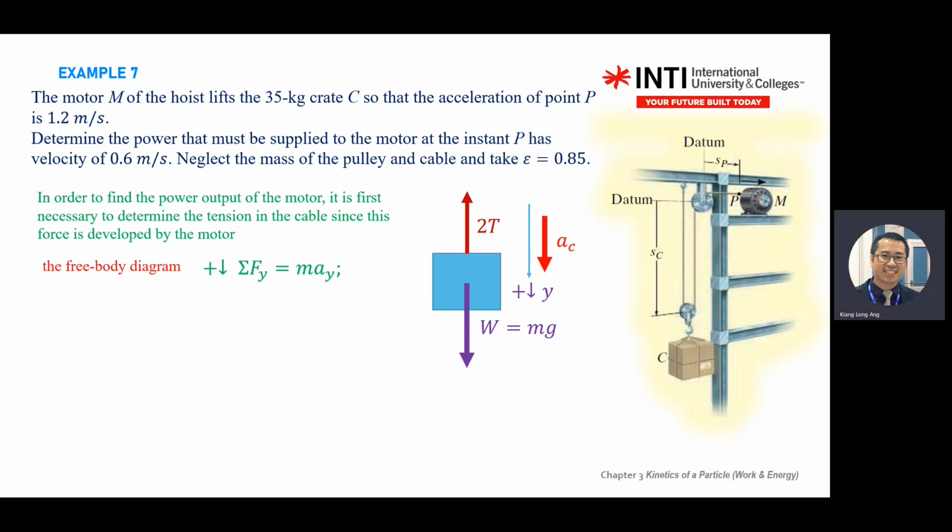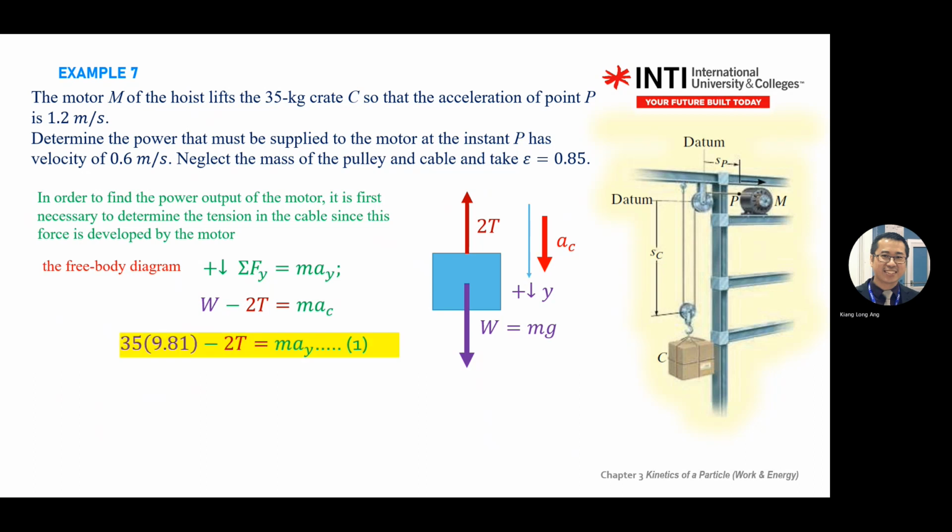Then you use F equal to ma in the y direction. You can find the acceleration of your C. On the left-hand side, you balance all the forces in the vertical direction, down positive, equal to ma. Here, you focus on object C. So it will give you the first equation.